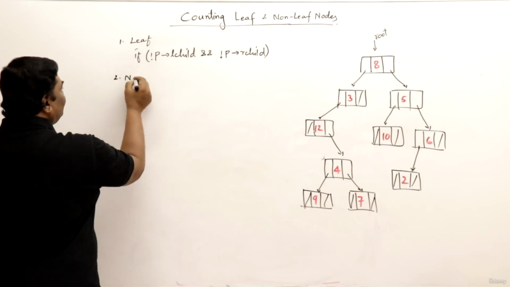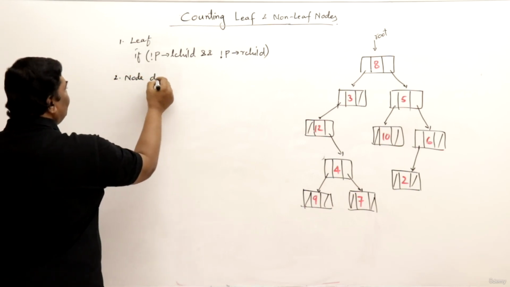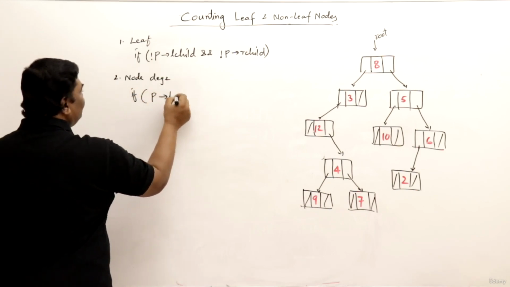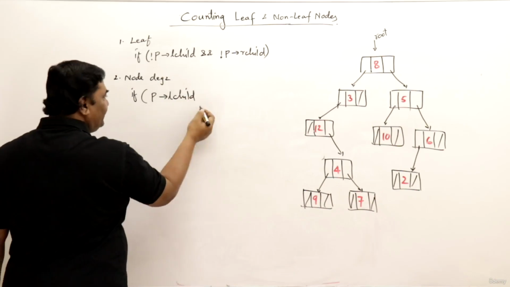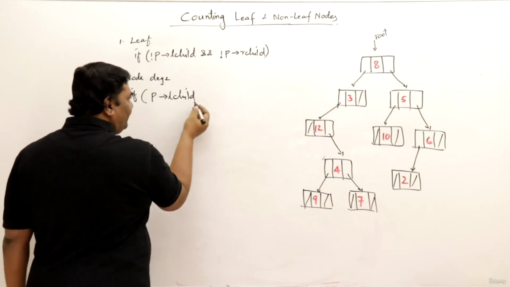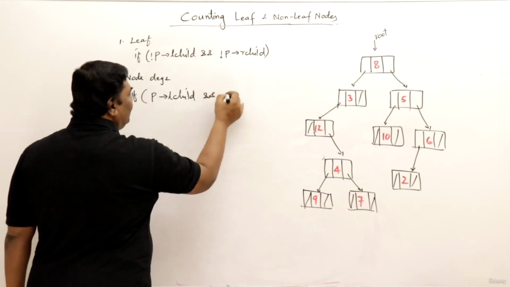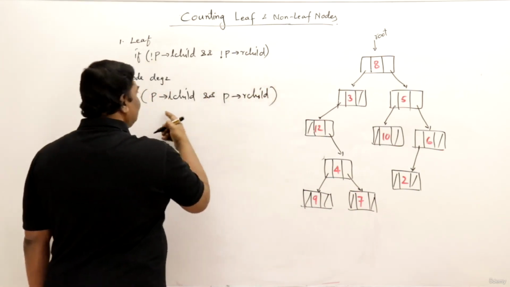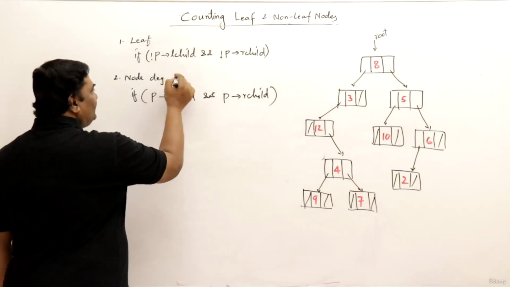And node with the degree 2. Here the condition is if P's L child is not equal to null. I don't have to write anything, it is not equal to null only. We have already learned about this one, right? The next is P's R child. If both are true, then this is for degree 2.